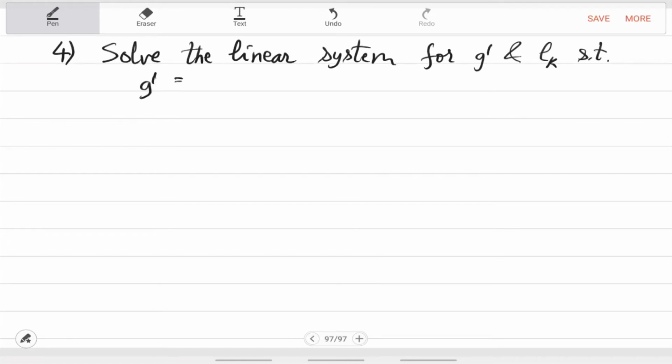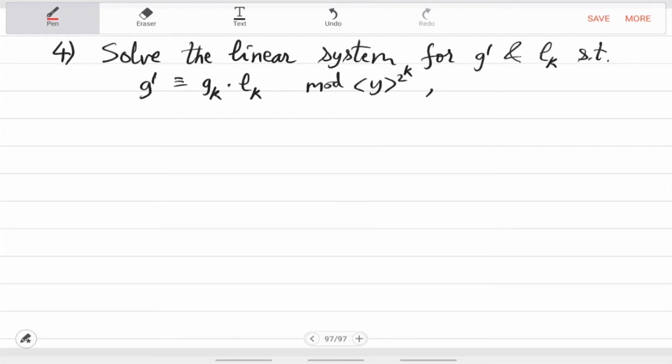So, G prime is G_k times L_k, where G prime and L_k are unknowns, mod y to the 2 raised to k. Degree bounds as before. I have already given you the degree bounds for G prime and L_k, so I will not repeat.